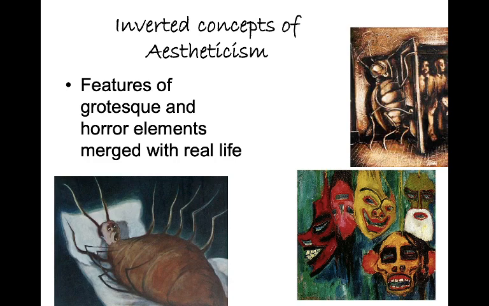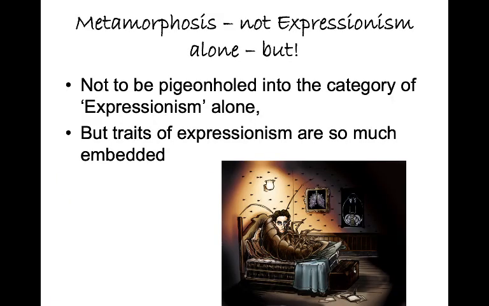This is evident in Metamorphosis with a monstrous vermin, and we have these grotesque details of this monstrous vermin dominating the whole narrative. Kafka's work is not to be pigeonholed into the category of expressionism alone, but traits of expressionism are so much embedded in this work that it can be touted as one of the variants of expressionist writing.